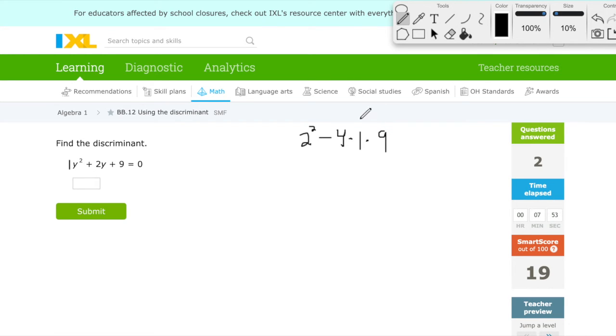Remember this multiplication is before the subtraction. 2 squared is 4. 4 times 1 is 4, times 9 is 36. Looks like we're getting a bunch of negatives in a row here. So we would get negative 32.